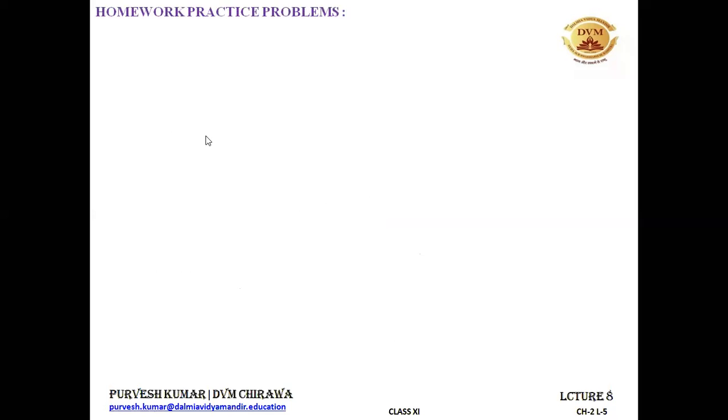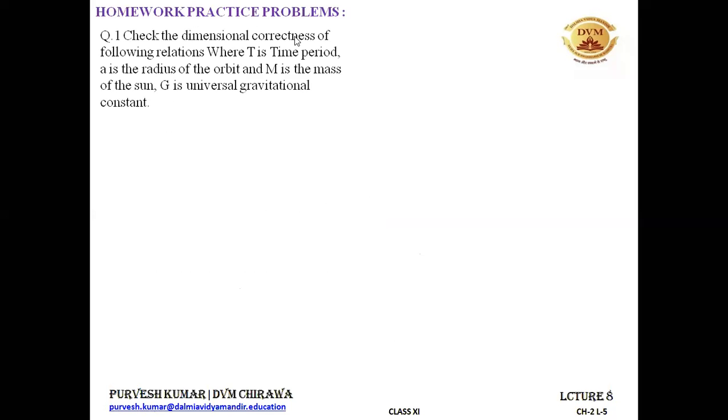I'm also giving you some homework practice problems. Some different kinds of problems I've tried to involve over here. First is the dimensional correctness of the relation. Three relations are given over here, and you need to find out which of the formulas is dimensionally correct using the method of dimensions.